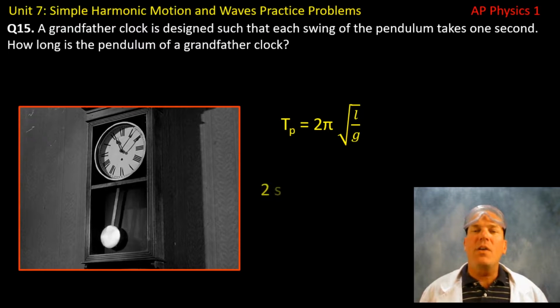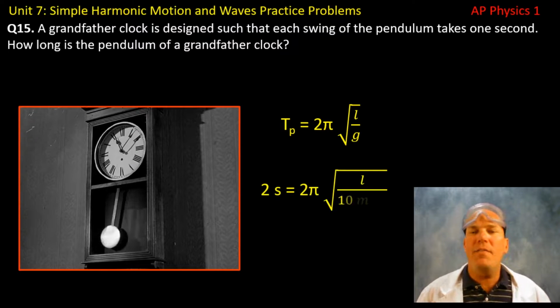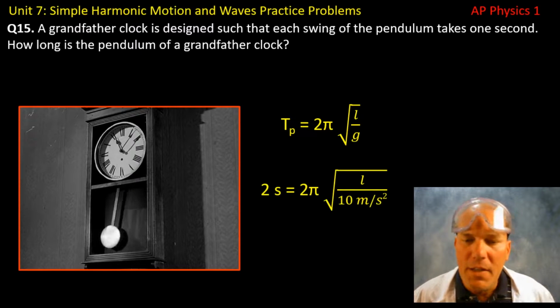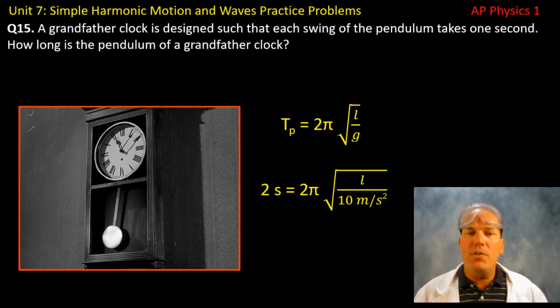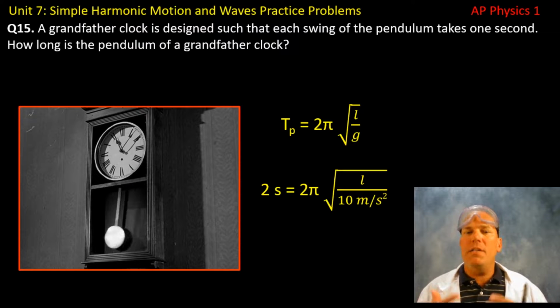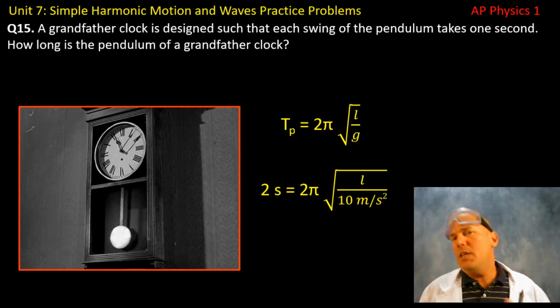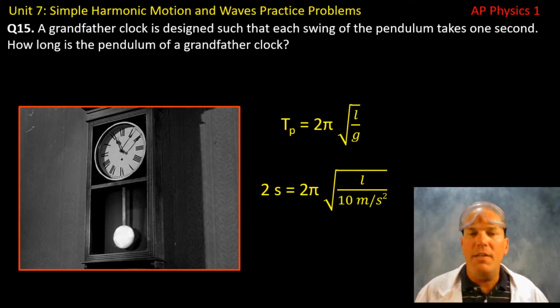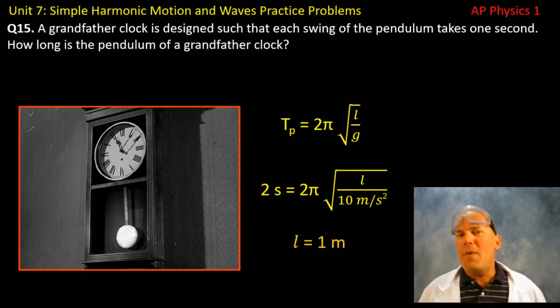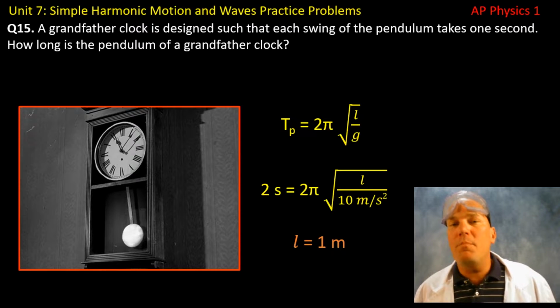All right, so looking at this, we have 2 seconds as the period, 1 second each way, 2 seconds for the entire cycle, equal to our constant here, 2 pi, square root of length, and we know little g is 10 meters per second squared, so we can now mathematically solve for the length, and the length of this pendulum is 1 meter.